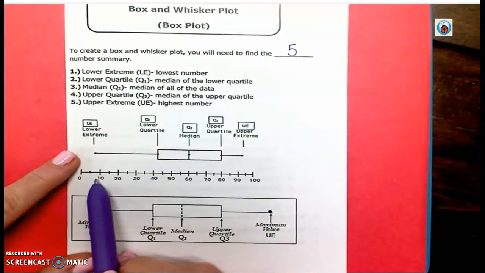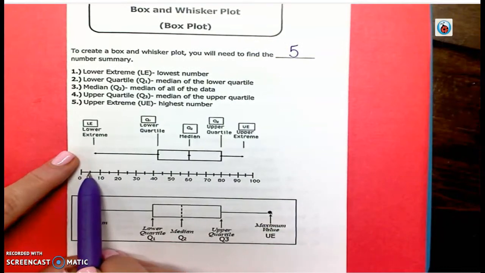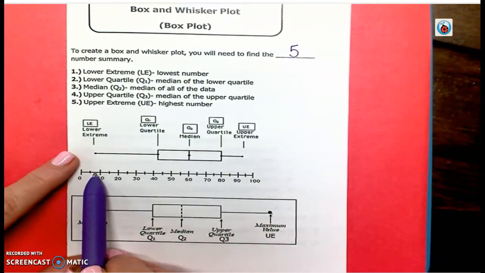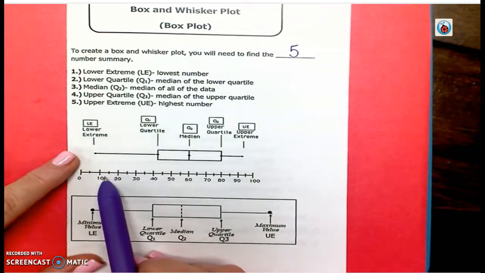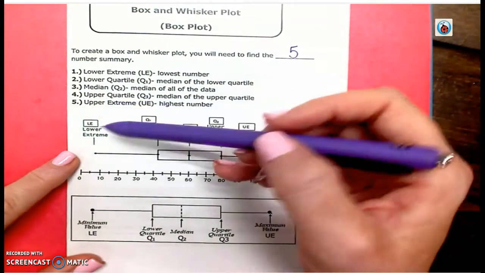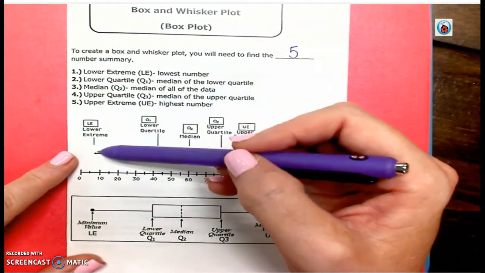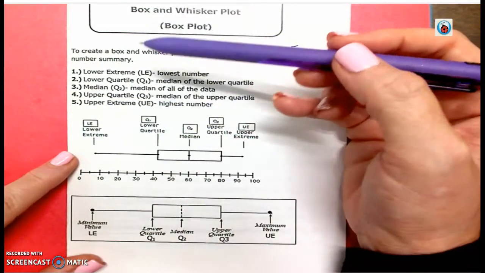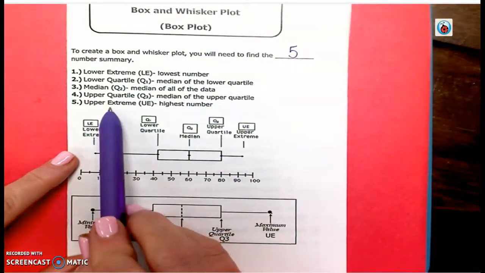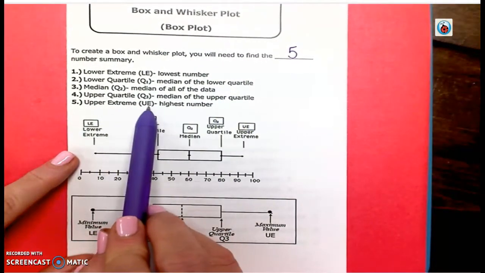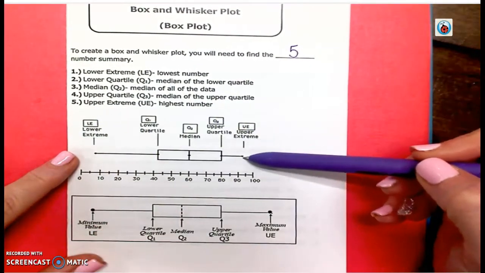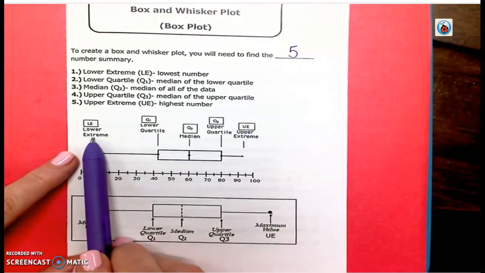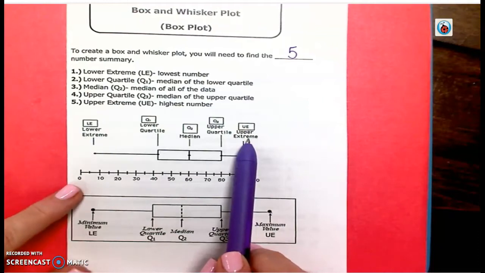If we looked closer, this is 5, 6, 7, so it'd be about 7, if we were looking for an answer. But just putting it in perspective, this is your lower extreme. And the highest number in your list would be your upper extreme, the one on the other end. So your lower extreme, LE, and your upper extreme, UE.